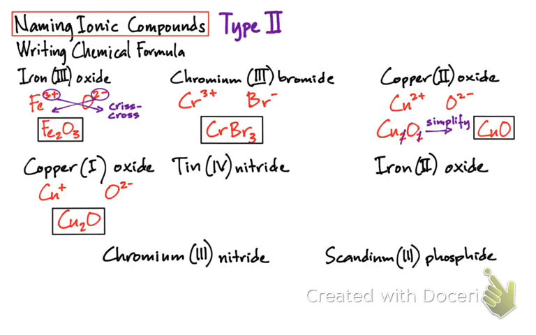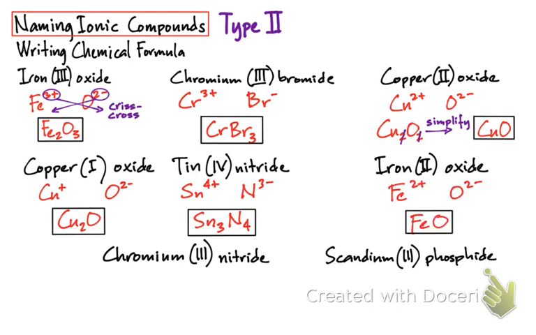Tin 4 nitride, you have Sn with a positive 4, nitride with N negative 3. Crossing them, you have Sn3N4. Iron 2 oxide, you have Fe2 plus and O2 minus.